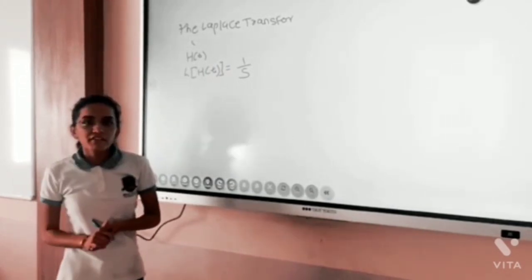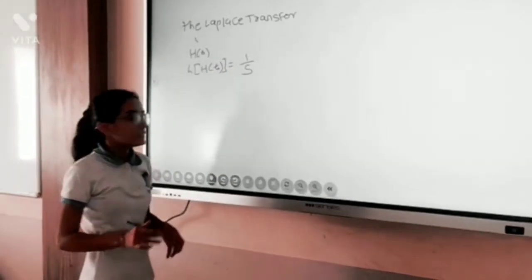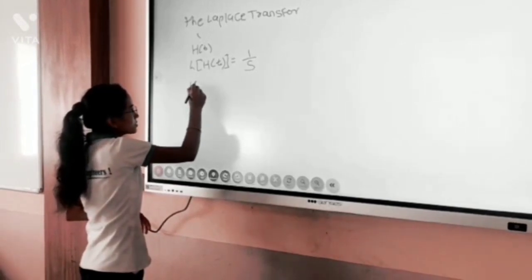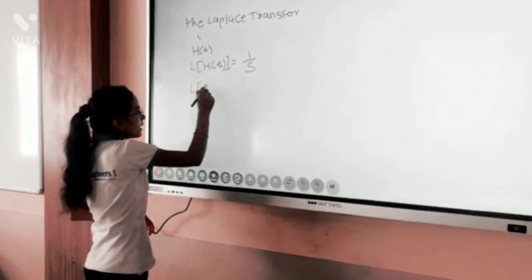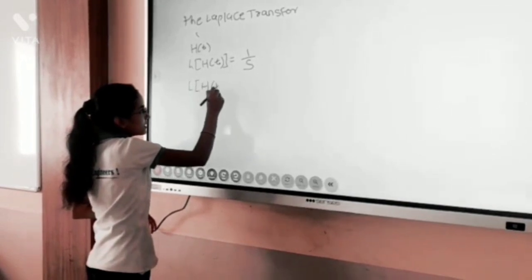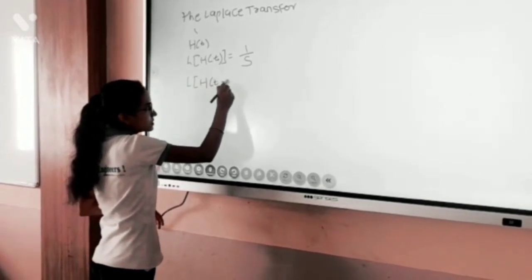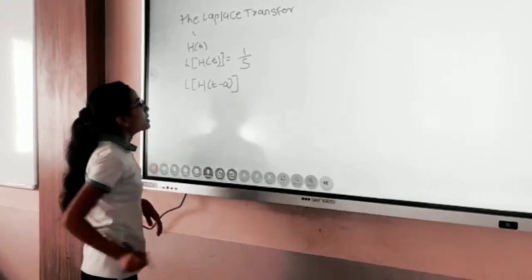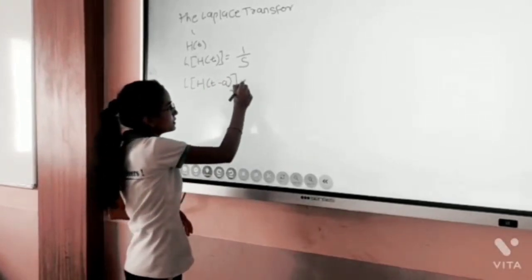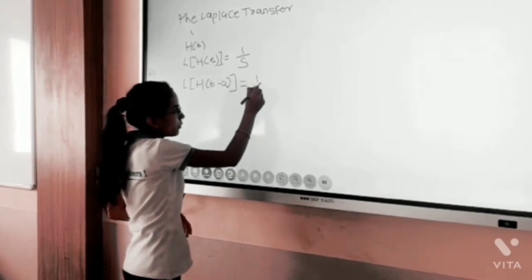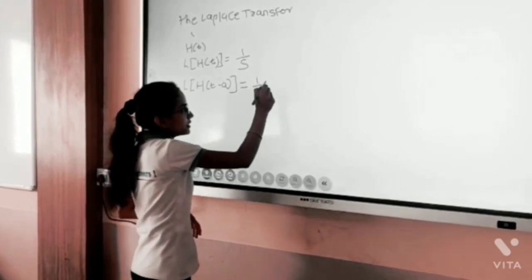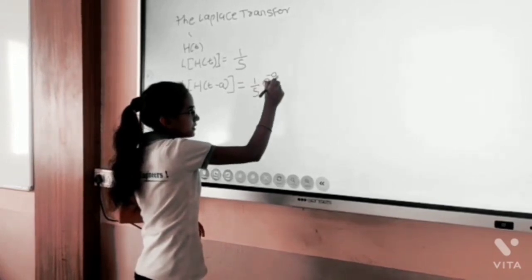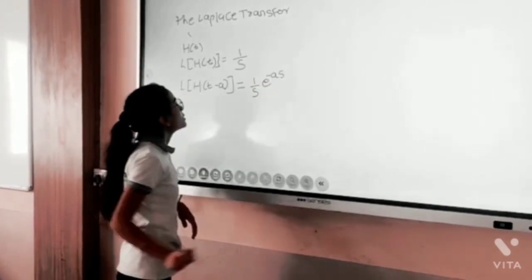The next function is the Laplace transform of h of t minus a, which is 1 upon s into e raised to minus a s.